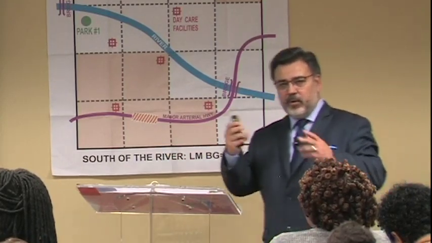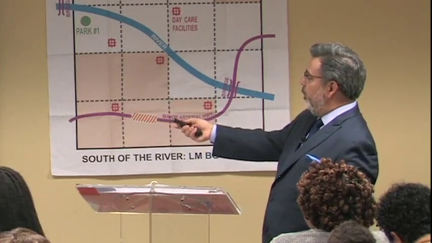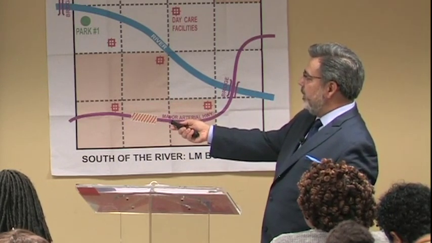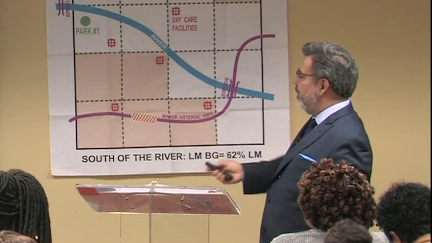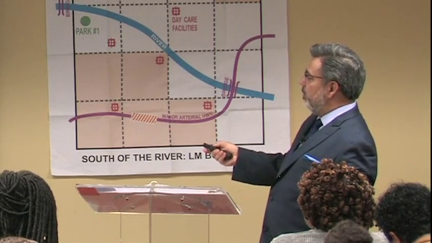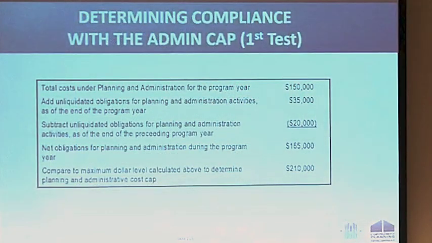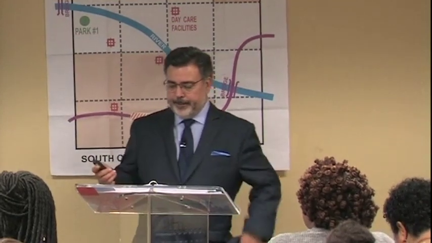So I won't describe that concept again, but here we'll see that we have unliquidated obligations at the end of the program year of $35,000. We subtract unliquidated obligations as of the end of the preceding program year. That gives us $165,000 compared to the maximum calculated to determine planning. So are we okay? We are okay. We're quite a bit under.